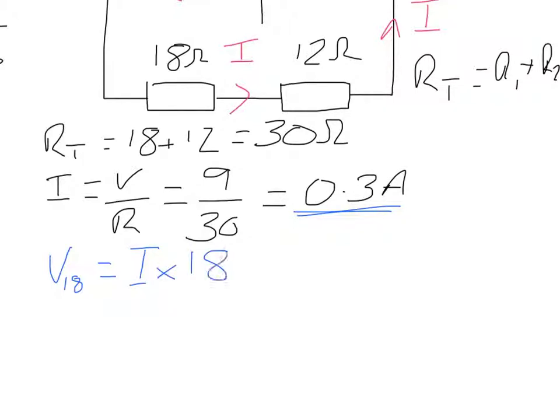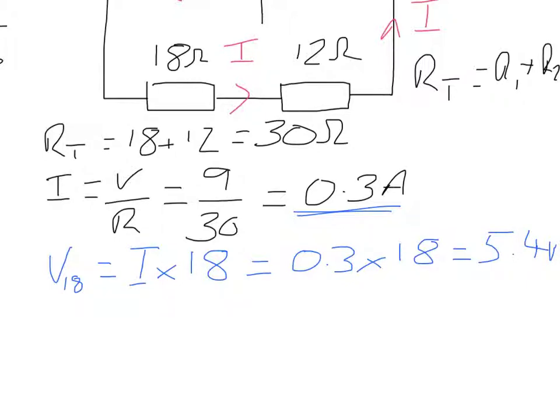So that gives us 0.3 times 18, which gives us a voltage drop, potential difference, of 5.4 volts. So that means that 5.4 joules per coulomb of charge will be transferred into heat at that resistor.